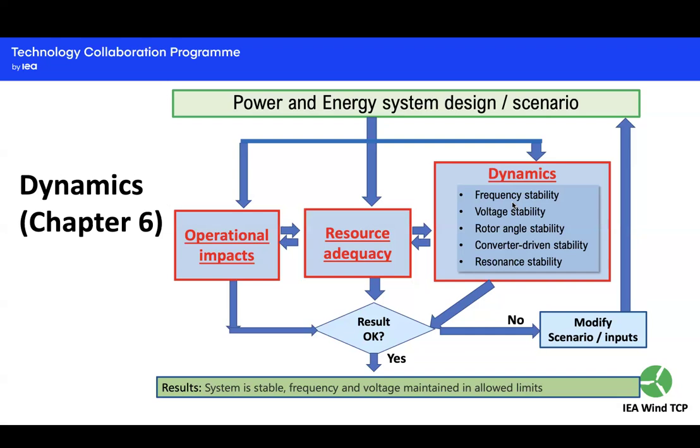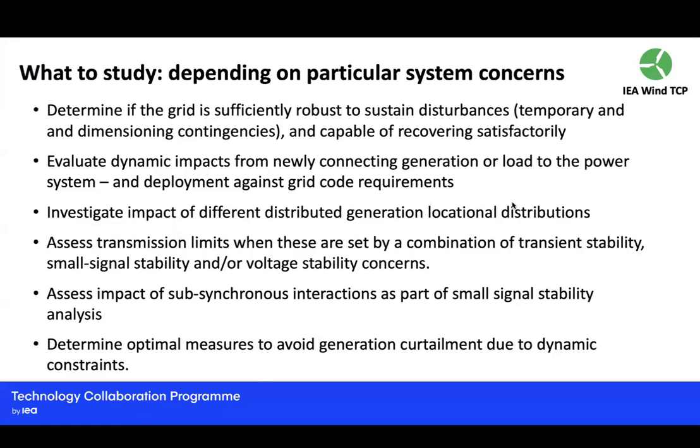Okay, that's fine. There are a lot of recommendations that go into specifics, depending on the study you're doing and what the specific concern is. But at a high level, if you're doing integration studies, I'll talk from that perspective without digging into the details of specific stability studies. What you're looking for are high-level constraints: the scenario you come up with for generation expansion, from your resource adequacy, may not be feasible in terms of stability, and you cannot operate a system like that.